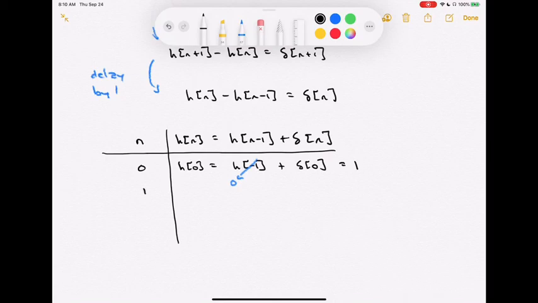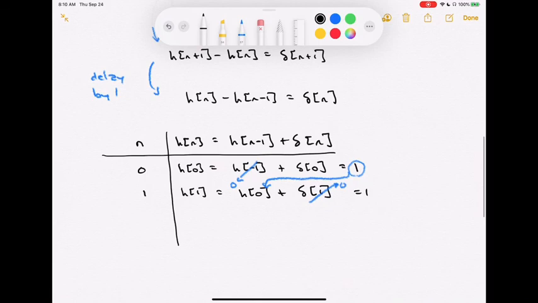At n equals 1, right, h of 1 is equal to h of 0 plus delta of 1. Now, h of 0, right, we are going to grab that value that I had done before. That's the point of this recursion. And I'm going to plug it into that needed next step. And then I'm going to add to that delta 1, which turns out to be 0 again, right, because delta functions are non-zero only at a single point.